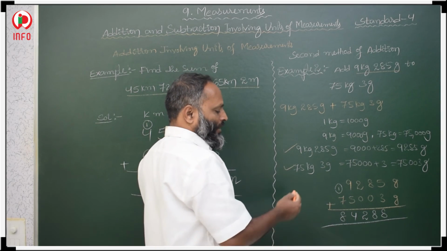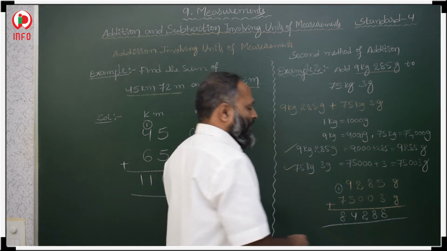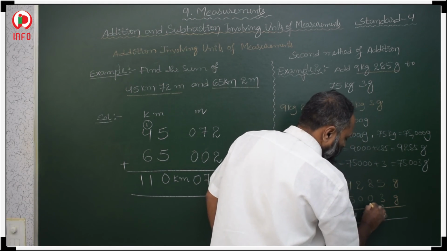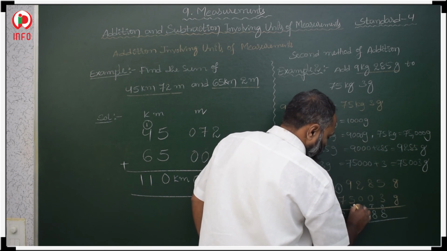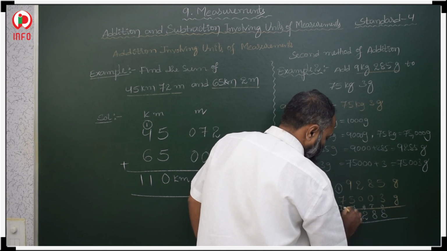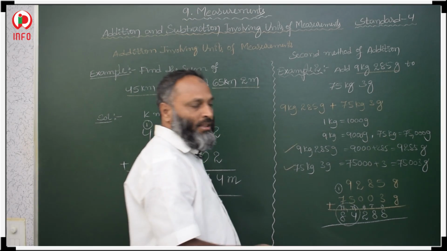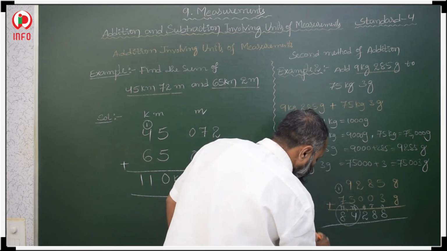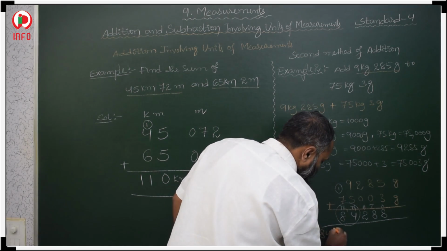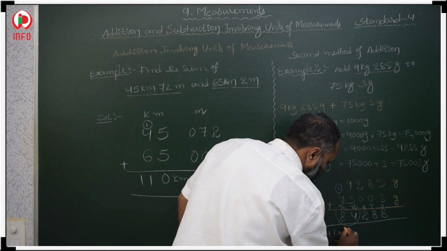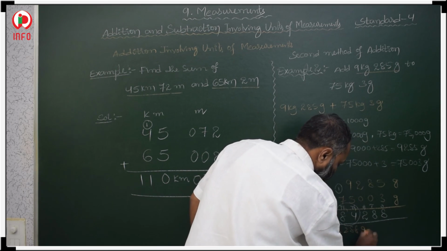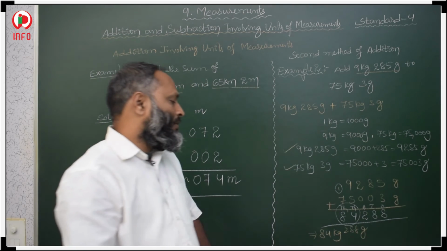Then how to convert this into kilograms and grams? This is the ones place, tens place, hundreds place, thousands place, ten-thousands place. The thousands and ten-thousands places are kilograms, the rest of the places are grams. That is 84 kg 288 grams. This is the method to convert.